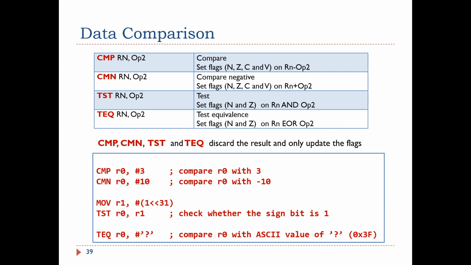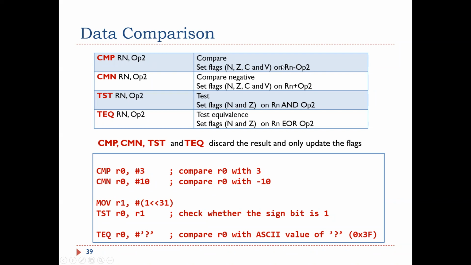The way compare works, it is a special subtraction. It's CMP Rn, operand 2. It does a subtraction of Rn minus operand 2, but it's not going to store the result anywhere.